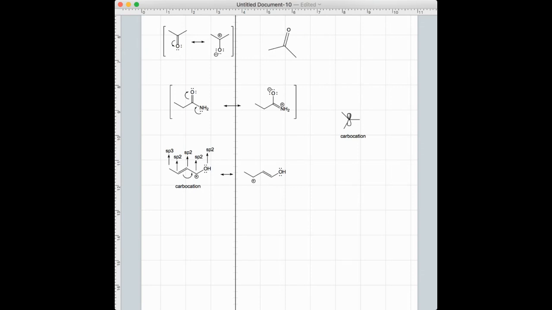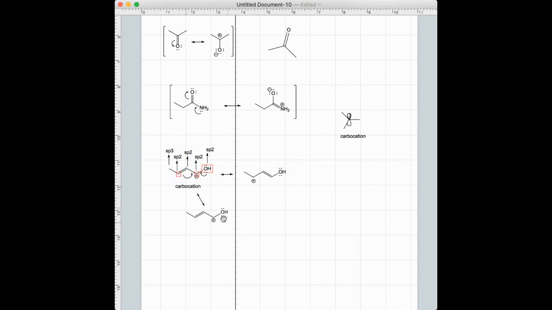Is there another resonance structure that I need to draw for this ion? Yes. This resonance structure accounts for the delocalization toward this side of the molecule. But to the right side, I do have also an sp2 atom, so I need to show that. Once again, the curved arrow is departing from electron sources and is ending, in this case, on a new pi bond that is going to be formed.